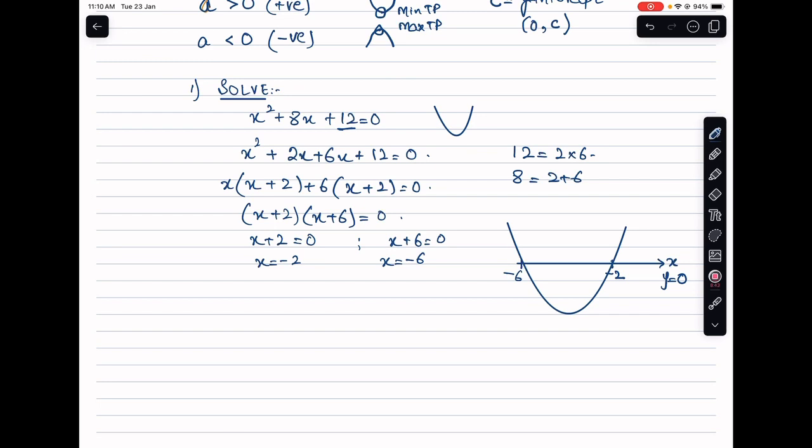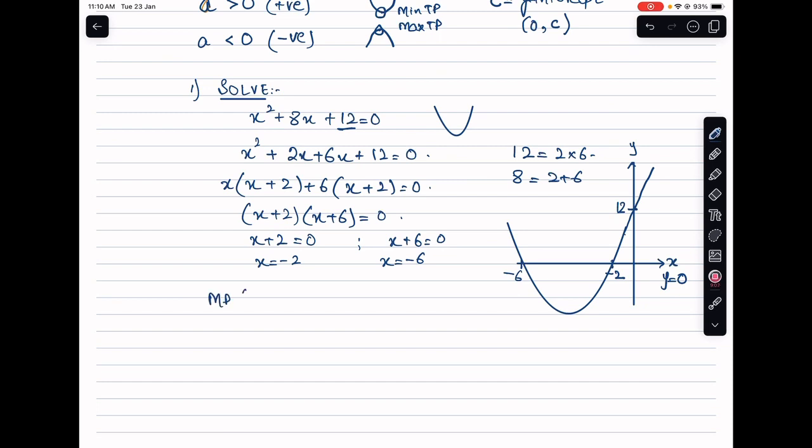So I can just extend the curve a little, and I can say that this is the y-axis here, so that on the y-axis, the curve is going to intercept at 12 here. So this is the quadratic curve. Another significance of this is I can also have the mid value of -6 and -2. I can get the midpoint.